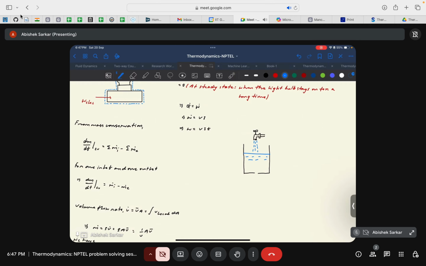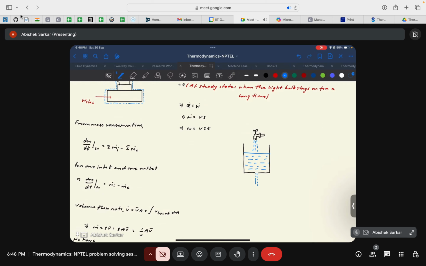And there is a small hole at the bottom surface of the bucket, so a certain amount of liquid oozes out of the bottom.